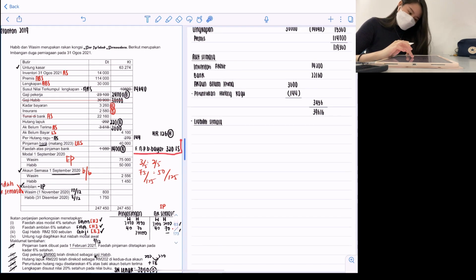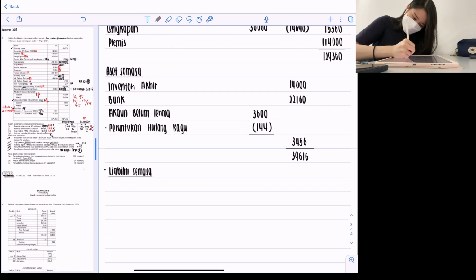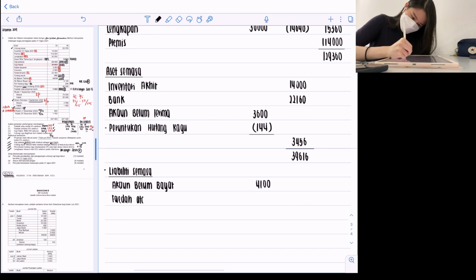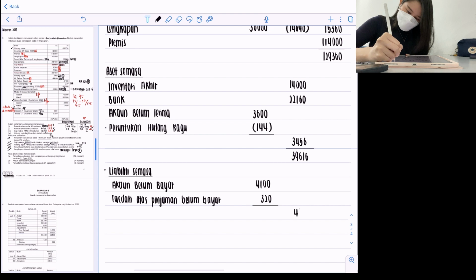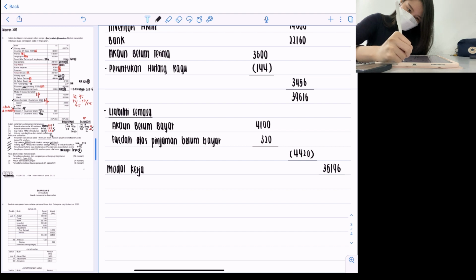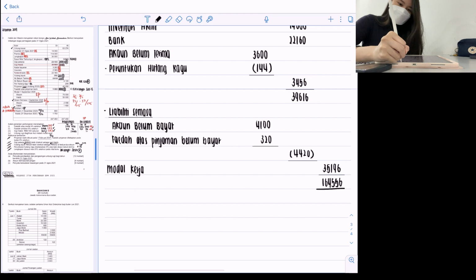Okay, 1, 2. 2 things, yeah. So we have completed the upper section. Now what's left is only the bottom section.